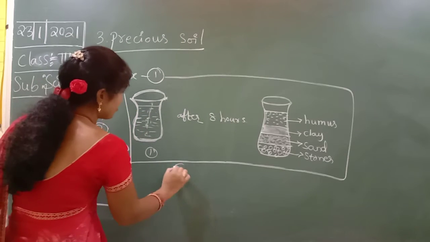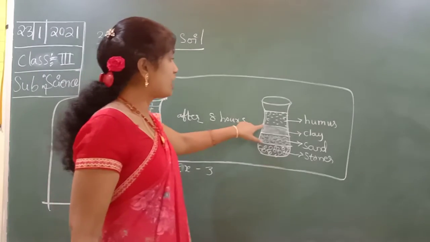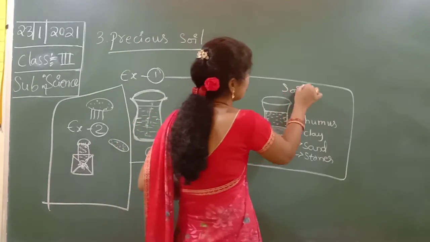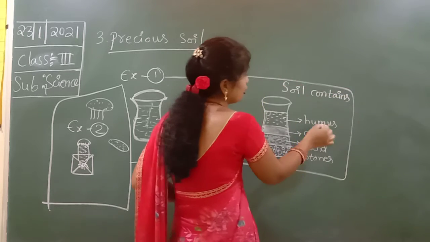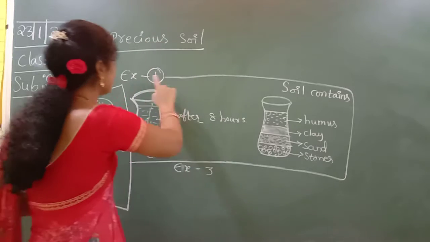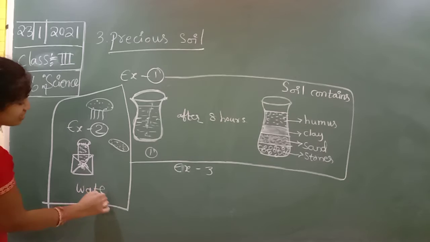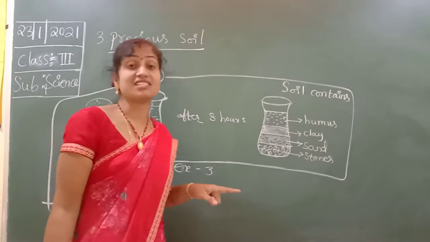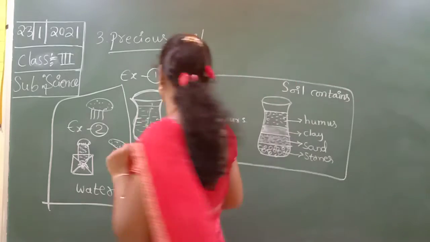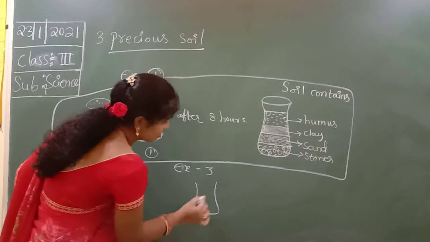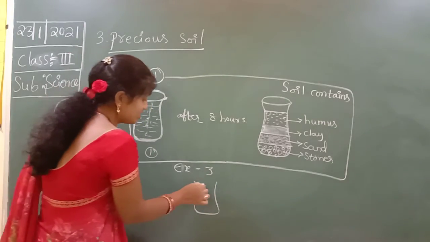Okay, next, experiment 3. In the first experiment, soil contains humus, clay, and stones. In the second experiment, soil contains water. Third experiment, soil contains air.